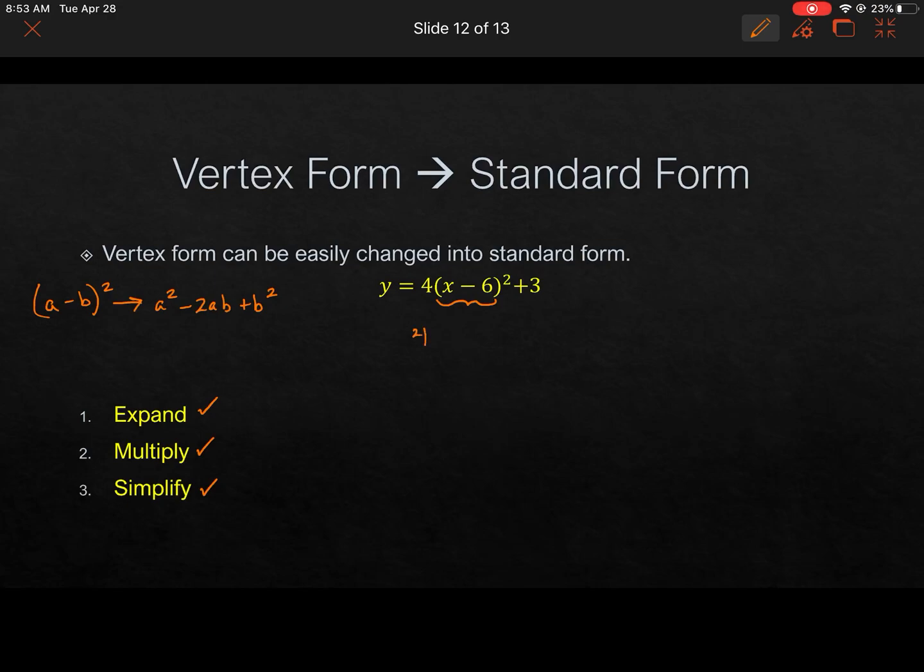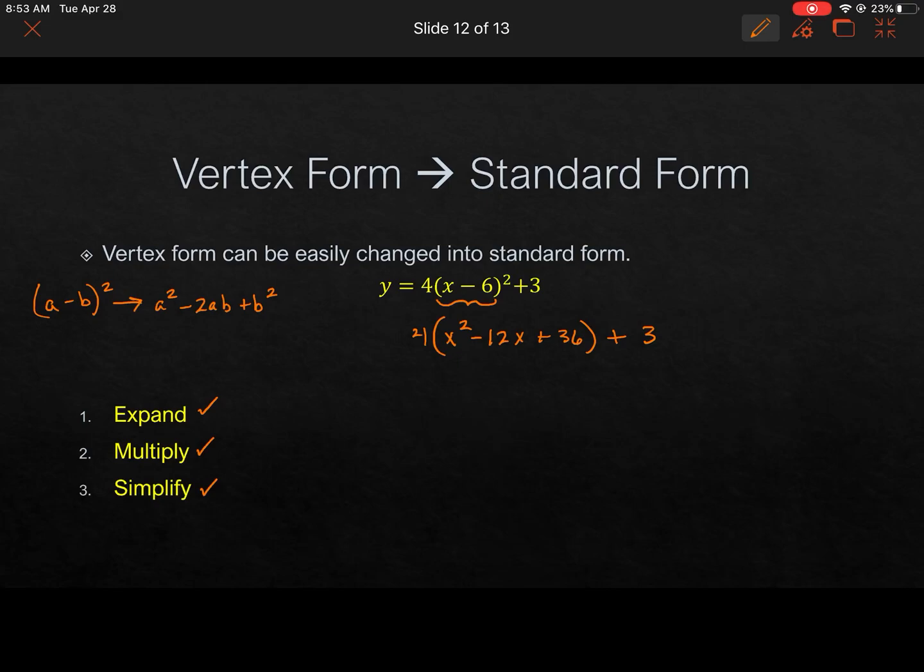So 4 times x minus 6 squared is going to give us an x squared minus 2 times a times b is going to be minus 12x, and then b squared is just 36.